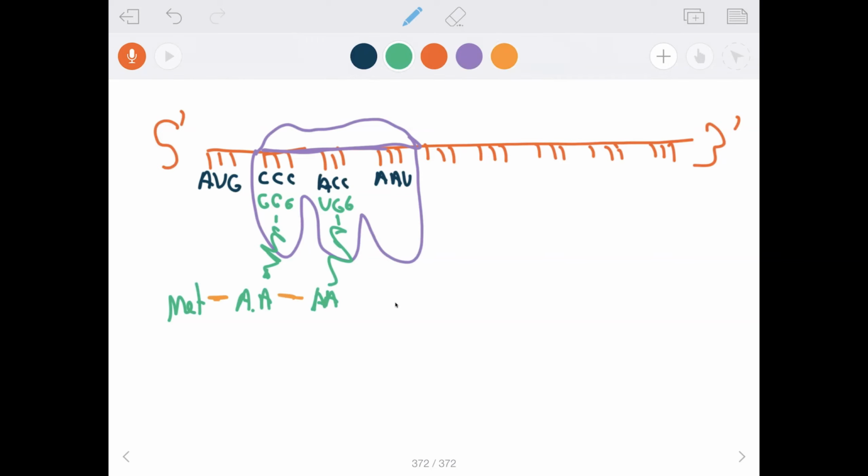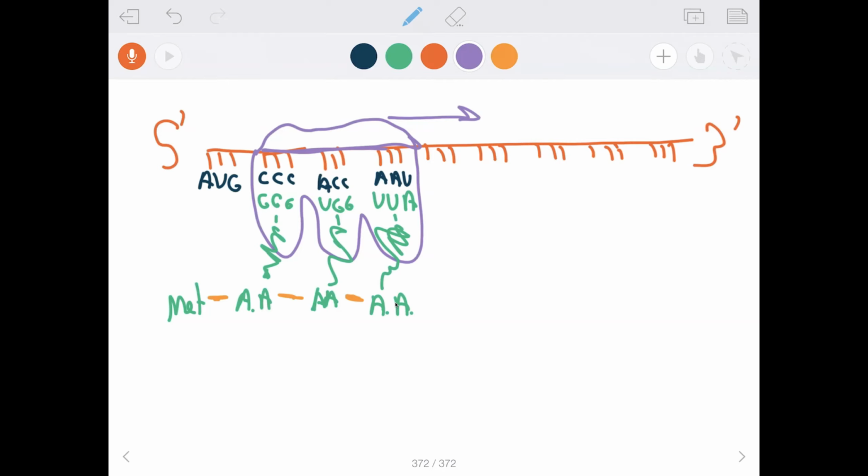And then another tRNA shows up, UUA, weird structure, and the next amino acid. So you can see how as the ribosome shifts over, it boots out.